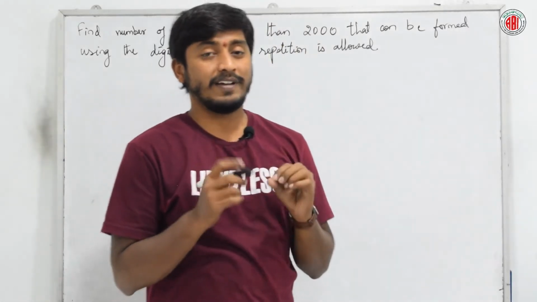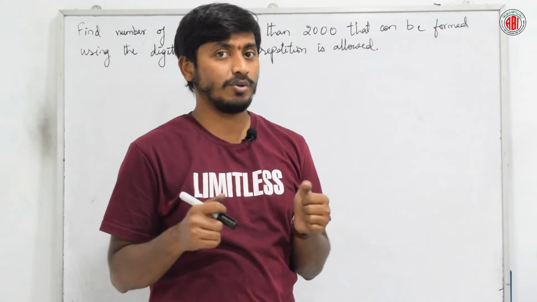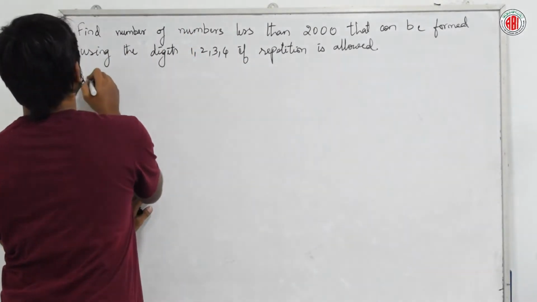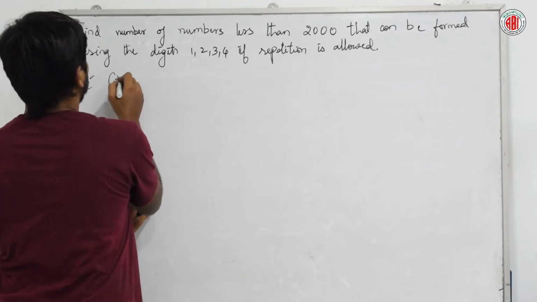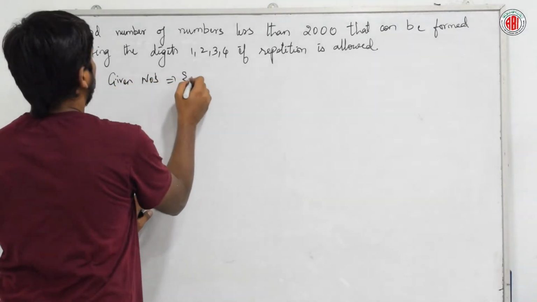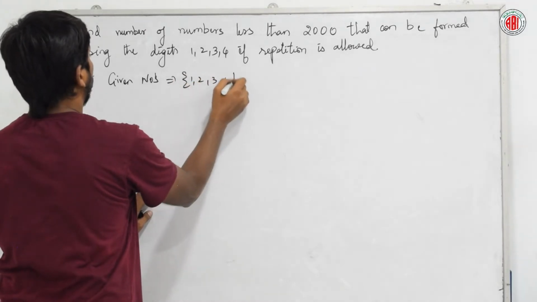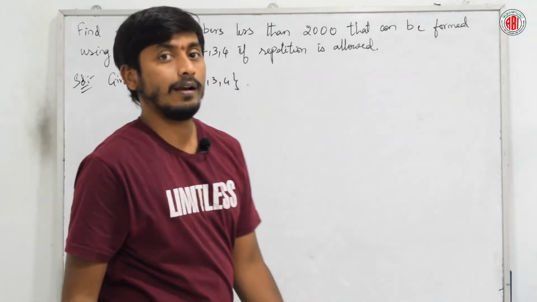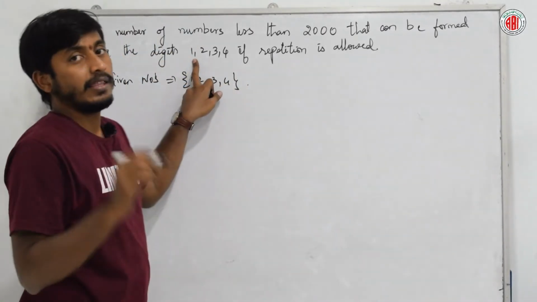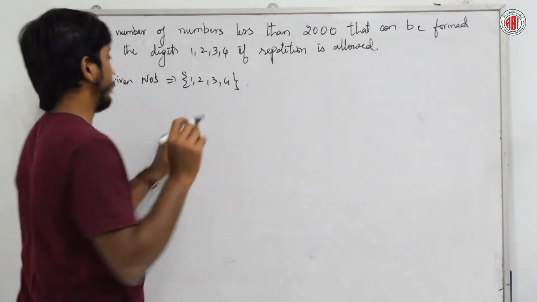So let me first write the numbers from 1000 to 2000. How do we get? Just tell me. Given numbers are 1, 2, 3, 4. Done? Yes. From that, let us say the first digit is 1.